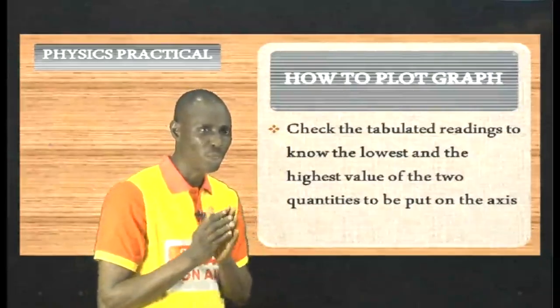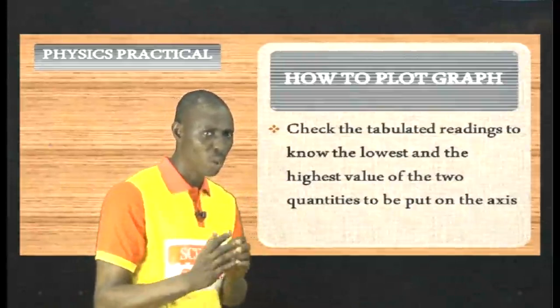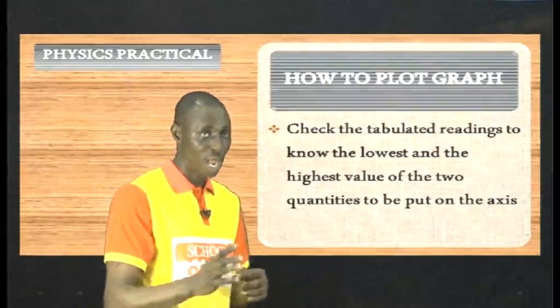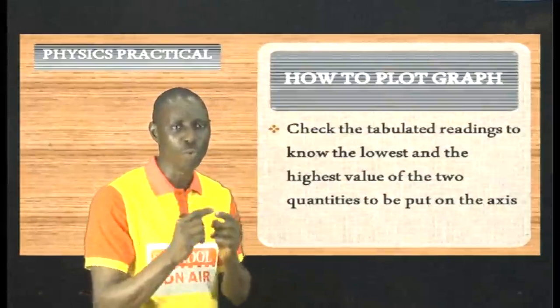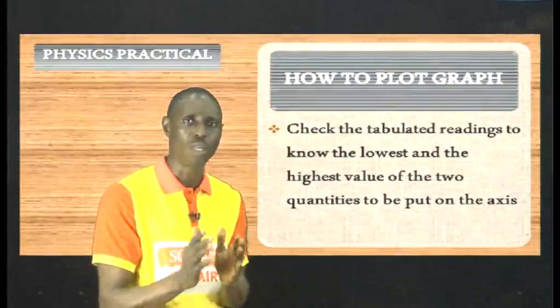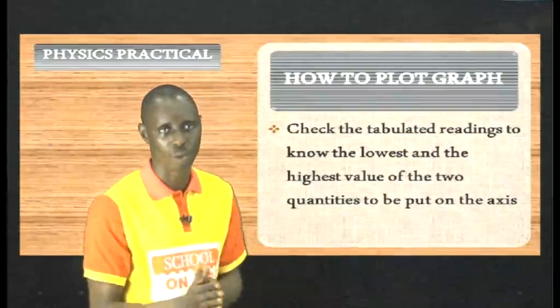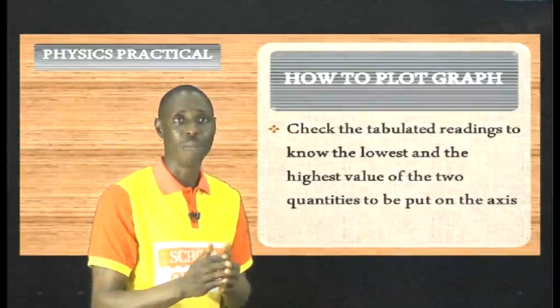That will tell you the highest point and the lowest point on that graph. That way you have an idea of the minimum value and the maximum value on the graph, and this will make it easier for you to arrange your work on the graph, knowing fully well that you cannot go below the minimum value nor go above the maximum value.